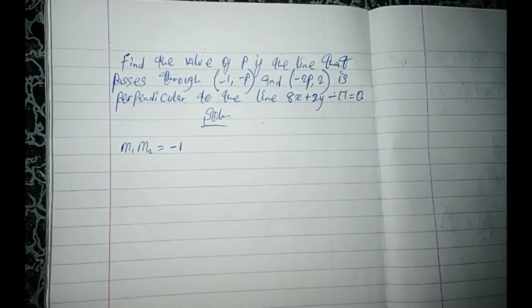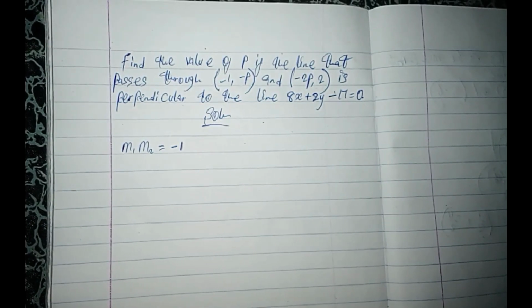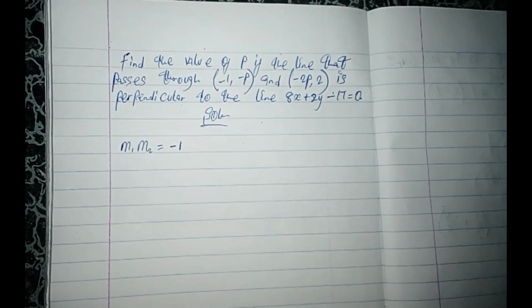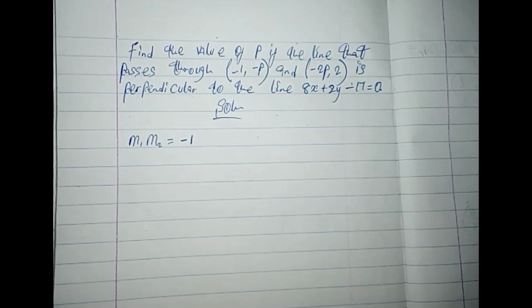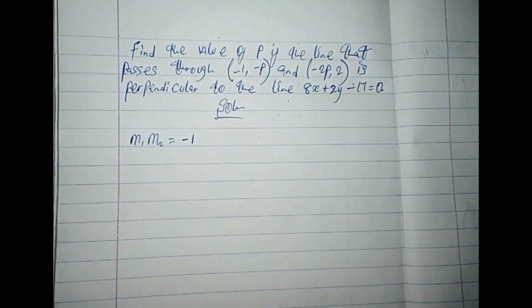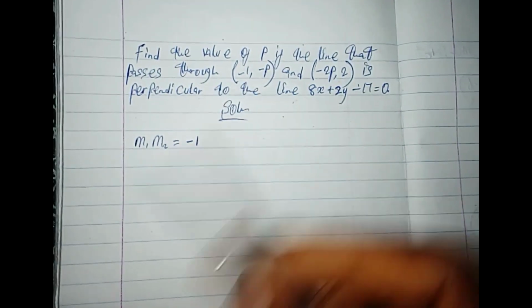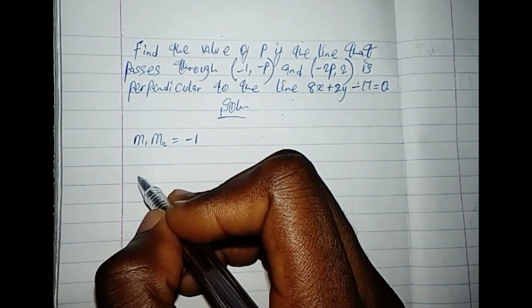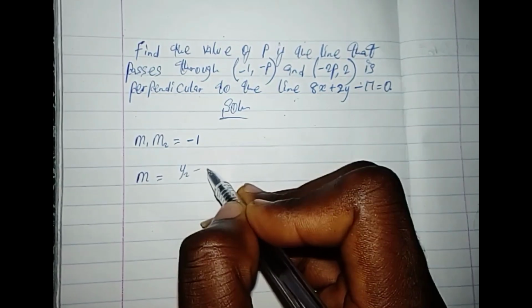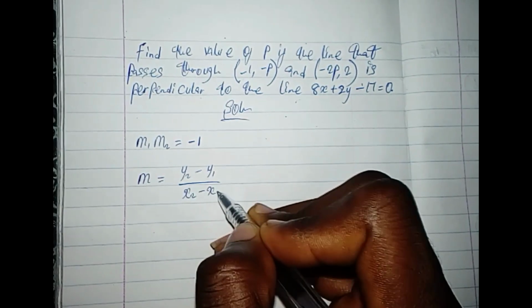Since these two lines are perpendicular to each other, you should have in mind that their gradients multiplying themselves would yield -1. So with that in mind, we should find the gradient of the first line and the gradient of the second line, that is m1 and m2. The first line is made up of these 2 points. Gradient is m equals y2 minus y1 over x2 minus x1.